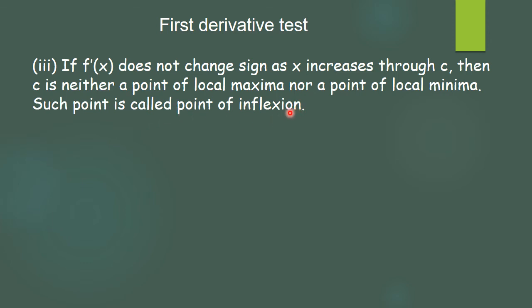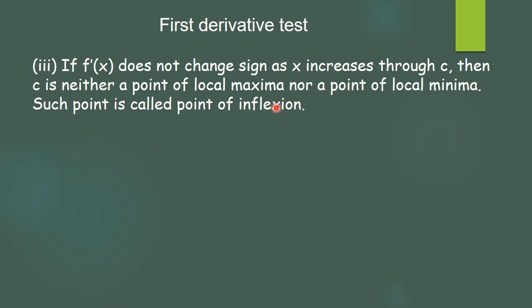So there are three parts. We can find the local maxima point, the local minima point, and certain points which are neither increasing nor decreasing, and such a point is called a point of inflection. What we call maxima and minima here are called local maxima and local minima.